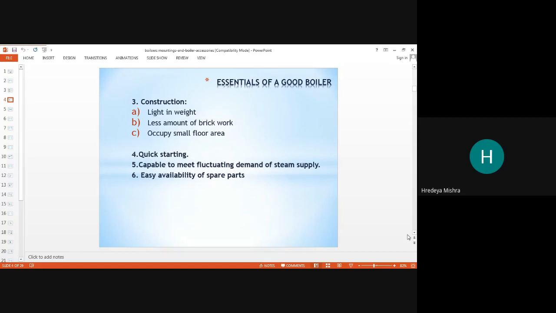Why is this needed? Easy availability of spare parts means, see, in the Indian market, which four-wheeler car company sells the maximum? It is Maruti Suzuki.